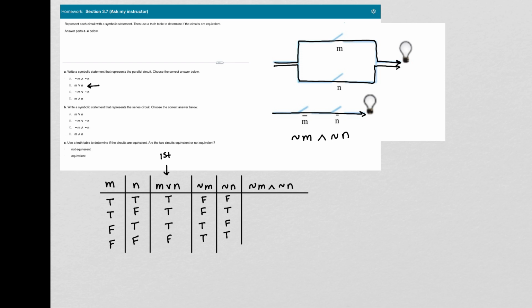And when we use and, we know that the only way for that to be true is if both the terms are true. So we have false, false, false, and then true. So this is our result for the second circuit, and we can see that that is different from what we got for the first circuit, so they would be not equivalent, would be the answer for that.